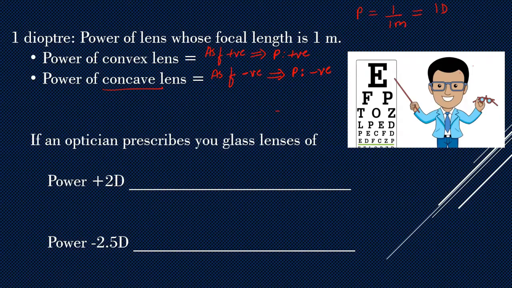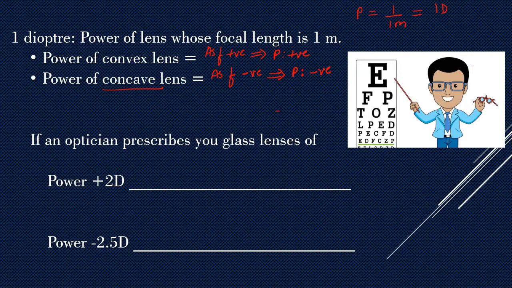Now, for example, if an optician prescribes you glass lenses and they have given you a power of plus 2D, what do you mean by that? When they say the power of your eye lenses is plus 2D, that means you need to use glasses.